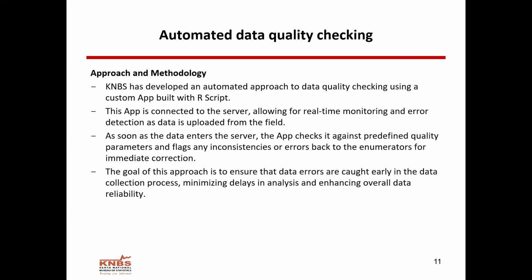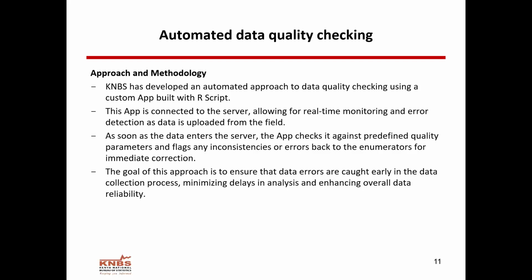So our approach for this one, we used an automated approach to data quality checking using a custom-made app built with R scripts. So we created an app using R scripts, and this app is connected to the server where the data comes directly from the field, allowing for real-time monitoring and error detection as data is uploaded from the field.